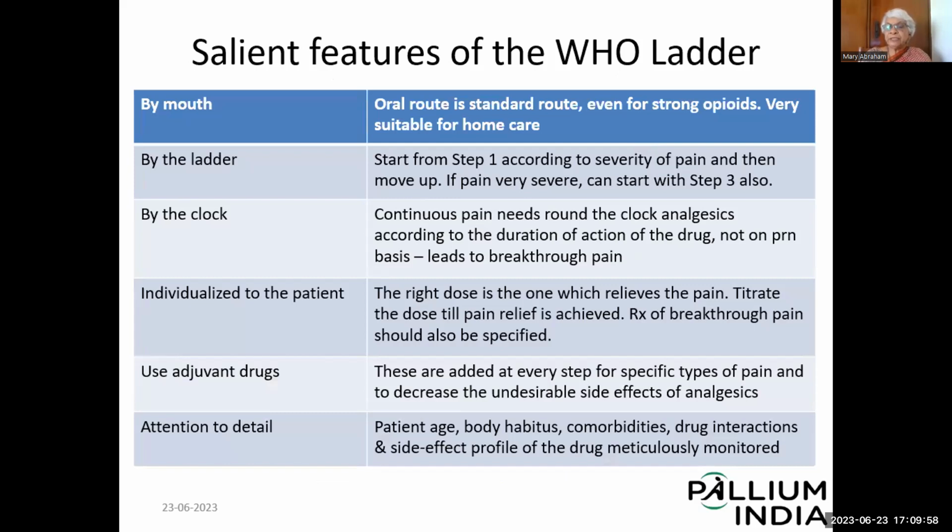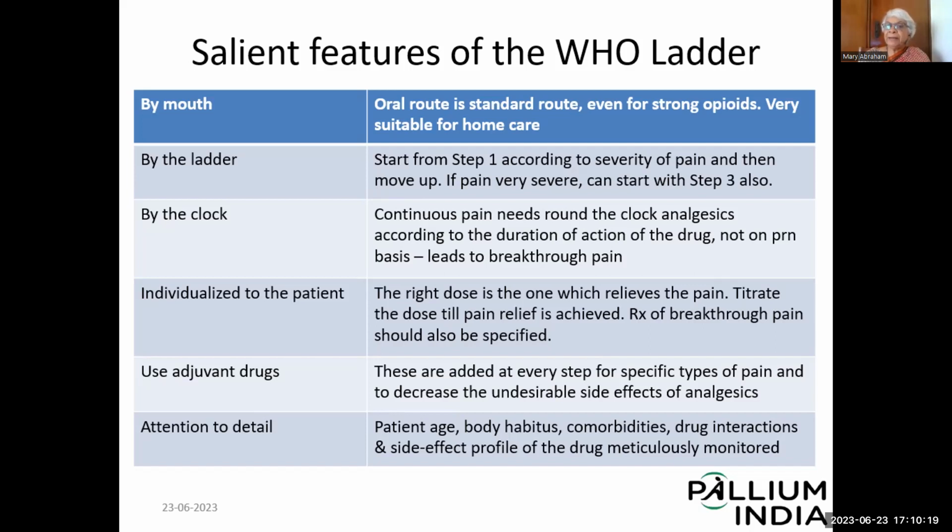What are the salient features of the ladder? The 3 things you need to know are that it's given by mouth, by the ladder, and by the clock. By mouth means the oral route is the standard route for administration of all the drugs, even the strong opioids. That is a huge advantage.